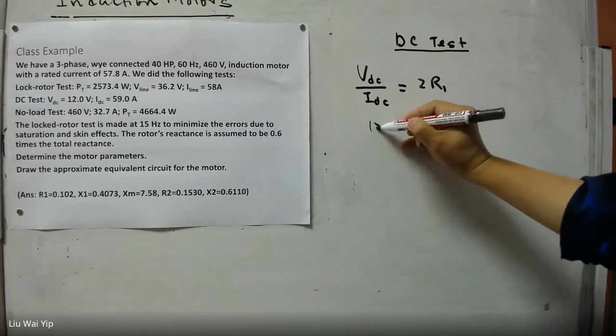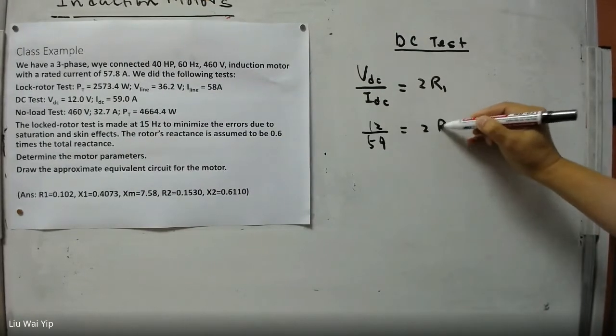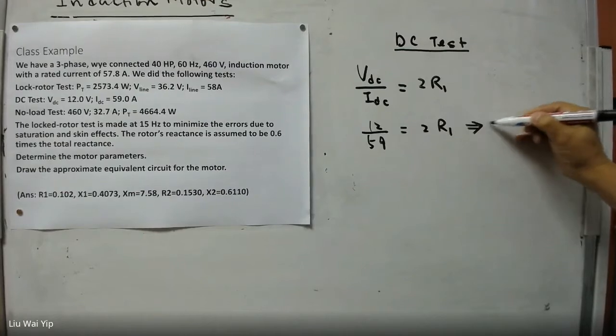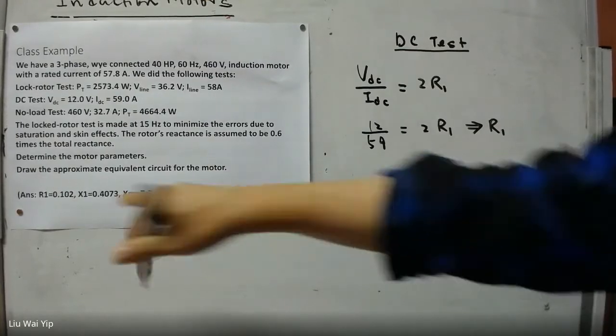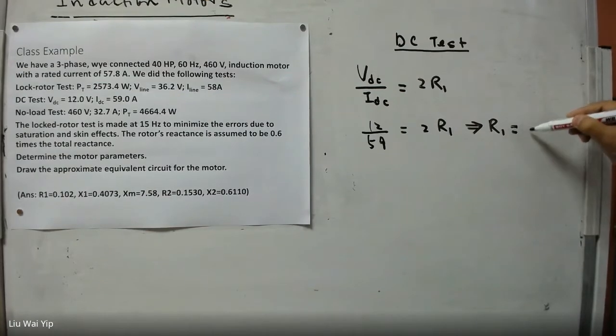So 12 divided by 59, to get R1. And if you do it carefully, then you will get exactly the same value here.